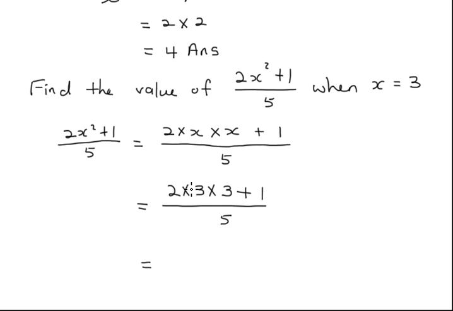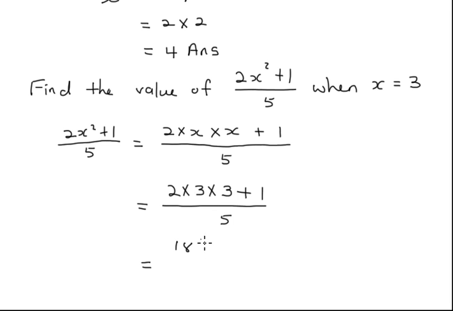We see that we have multiplication and addition on the same level. In this case, we have to perform the multiplication first, because multiplication has a higher priority than addition. So we need to multiply the numbers first. 2 times 3 is 6. 6 times 3 is 18.